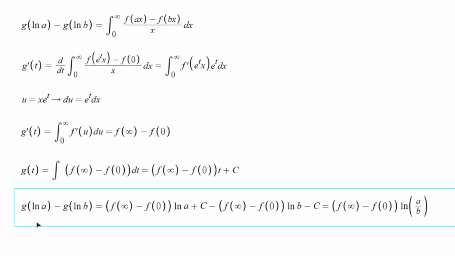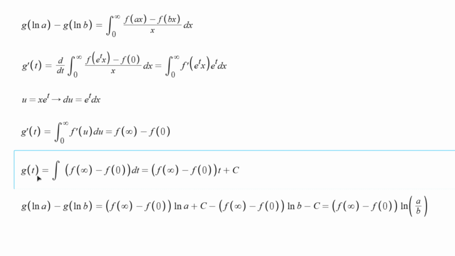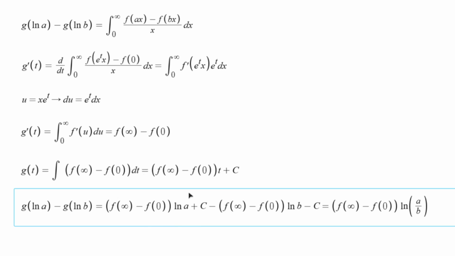Okay, so we already have an expression for g of natural log a minus g of natural log b. Let's see what it turns out to be if we just plug it into this function right here. Well, that's going to give us this whole thing at natural log a minus this whole thing at natural log b. So we end up with this minus this.